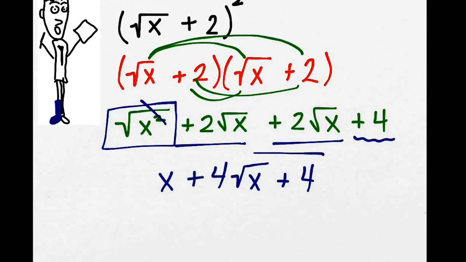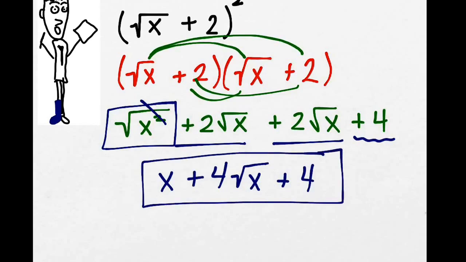So this is my simplified version of expanding that binomial, x plus 4 root x plus 4. That's what I get. Okay, the radical goes away at the beginning. So right here, there's no radical because the square roots canceled out. The middle term contains a radical, and then the number on the end is just the number on the end of multiplying that 2 with the other 2. Okay, so that's how the first one gets multiplied out.